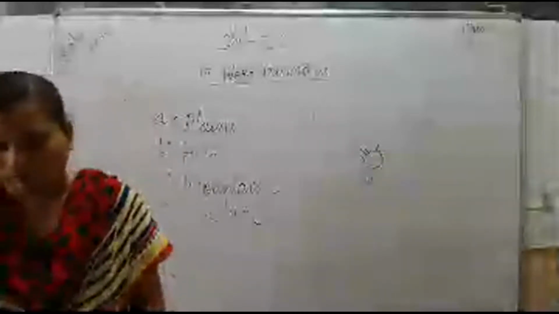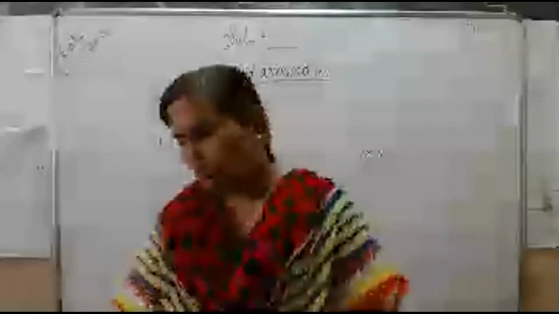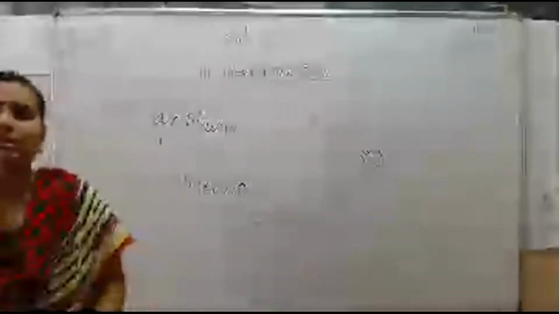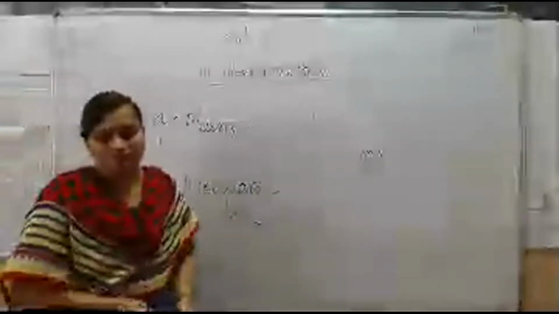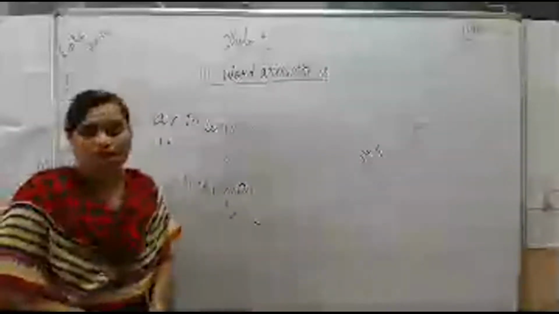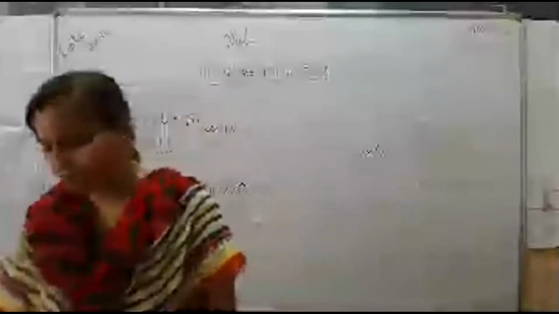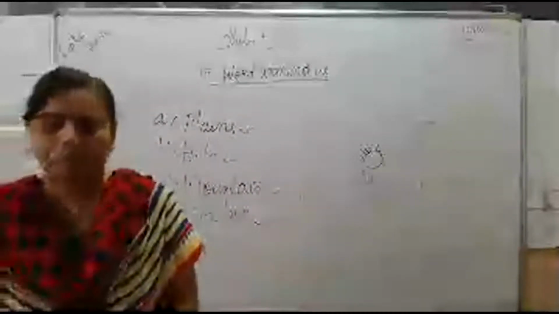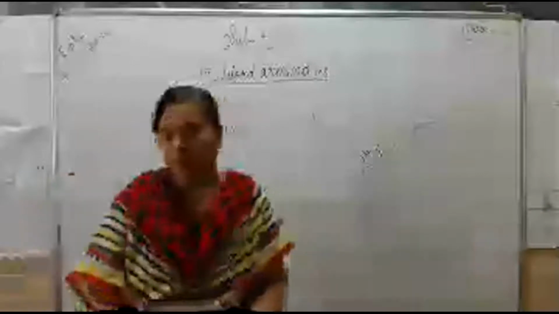Three fourths of our earth is covered with water bodies. What are the water bodies? Rivers, waterfalls, lakes, seas, oceans. All these water bodies cover 3/4 of our earth, which means 75%.